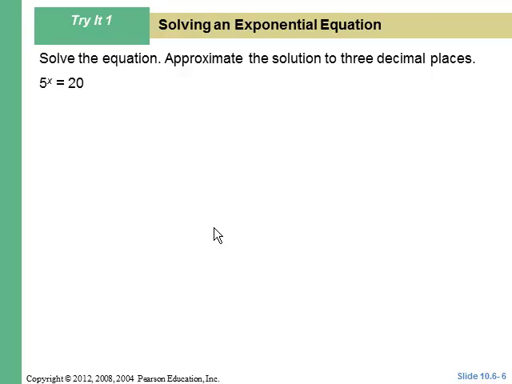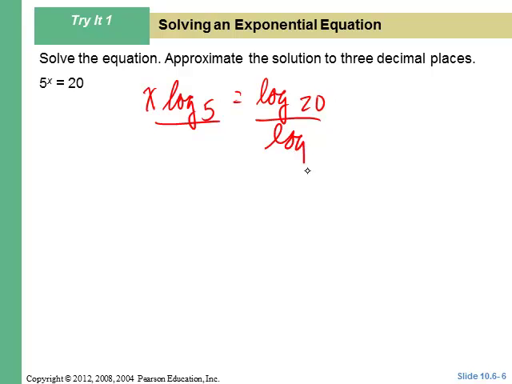You do this one. Oops, I'm sorry, I'll do this one. So here we have 5 to the x equals 20, which is log base 5 x equals log of 20. Get the x all alone by dividing both sides by log of 5. So x equals log 20 divided by log 5.